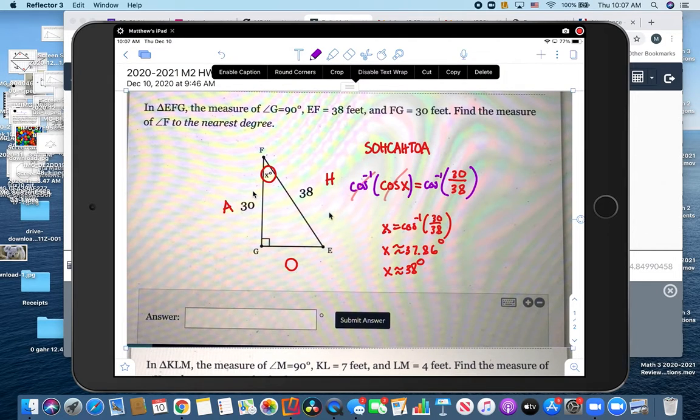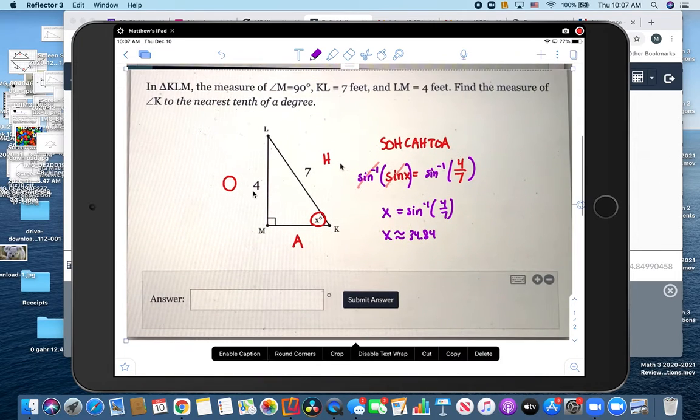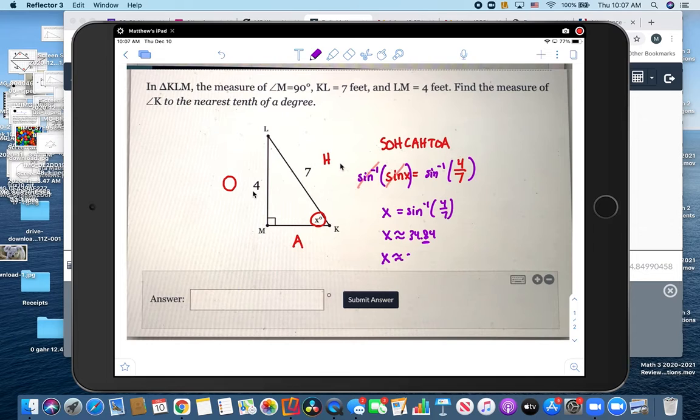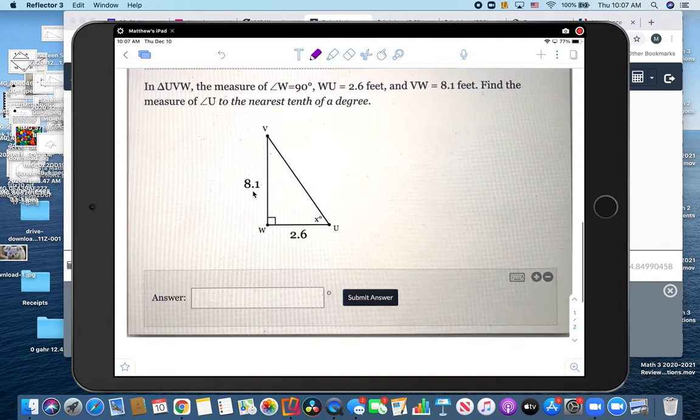The last one said nearest degree, and this one said nearest 1/10 of a degree, which means you need to round by looking at this digit. Since it's 4, that means you do not round up. So x is going to be 34.8 degrees. You have to make sure you read the directions. Nearest 1/10, so just keep that in mind.